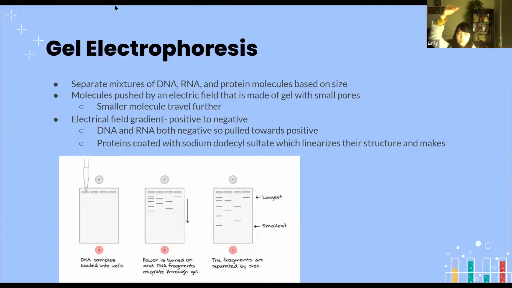On the upper end, it's negative. This field pushes the molecules down because of the attraction. Most DNA, RNA, and protein are negatively charged, so they will be pulled down towards positive, and the smaller your molecules are, the further they'll travel.